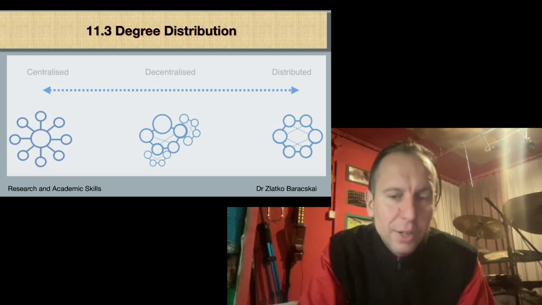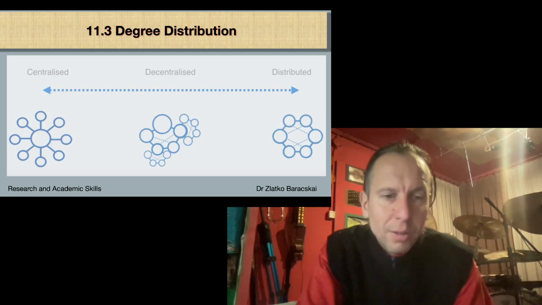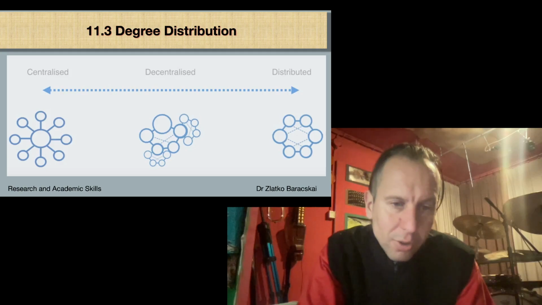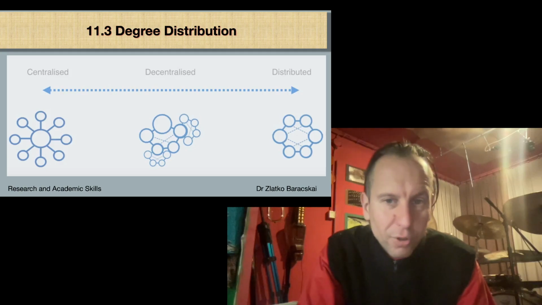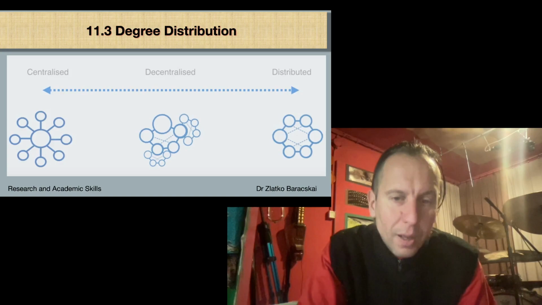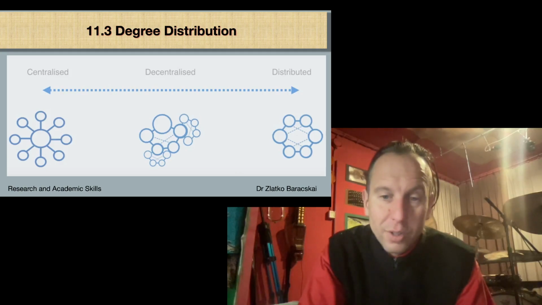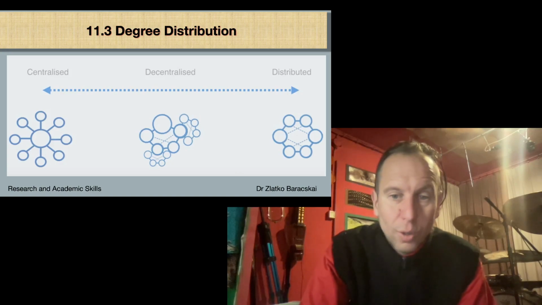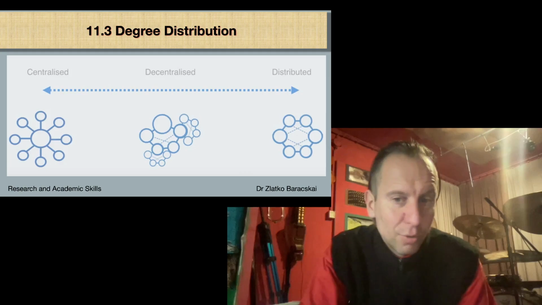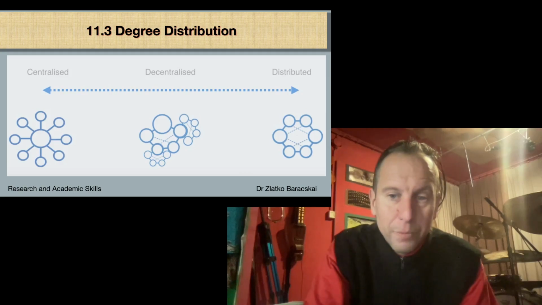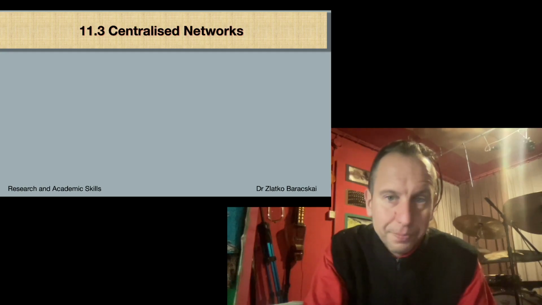And we have a decentralized network, which typically involves clusters. Some nodes are more central than others. However, there is no absolute centrality, and there is no absolute distribution in the sense that many nodes will not have any connection to many other nodes in different areas.